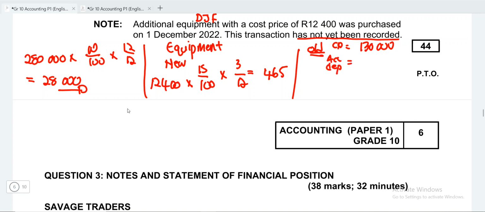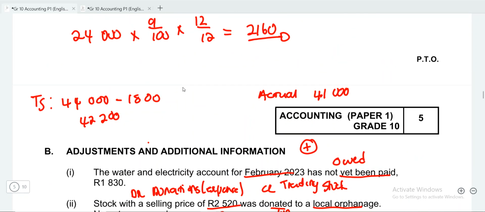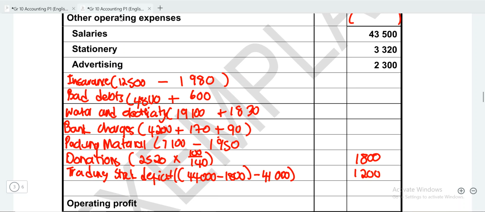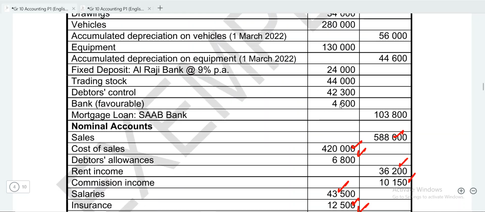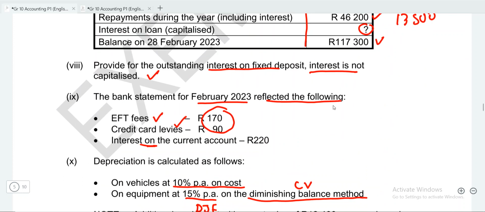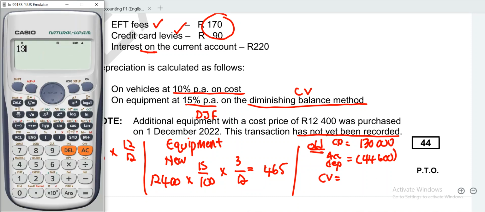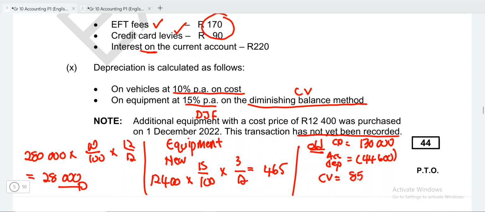According to this, the accumulated depreciation on this old equipment on 1 March is 44,600. So we subtract that 44,600, and it will give us our carrying value. 130,000 minus 44,600 is giving us 85,400. So our carrying value is 85,400.